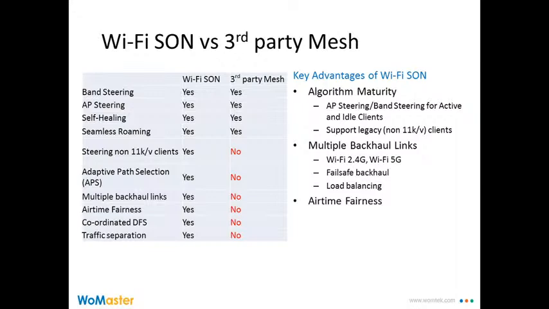With these three features of the Wi-Fi SON, algorithm maturity, multiple backhaul link, and airtime fairness, the whole mesh network can be enhanced and optimized. We've discussed individual features in the previous slide.